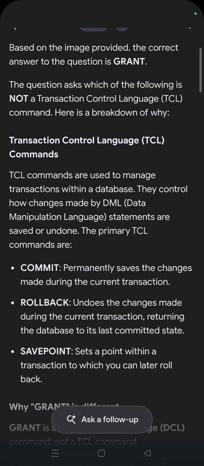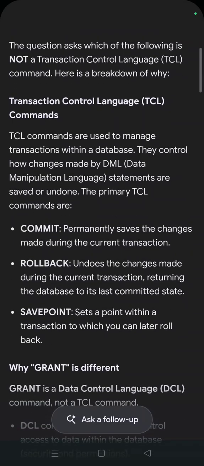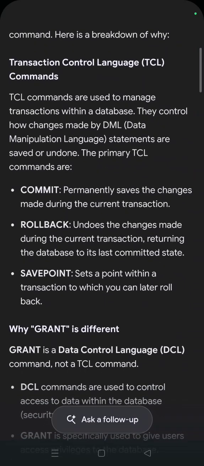The primary TCL commands are commit, which permanently saves the changes made during the current transaction. Rollback undoes the changes made during the current transaction, returning the database to its last commit state. Savepoint sets a point within a transaction to which you can later roll back.